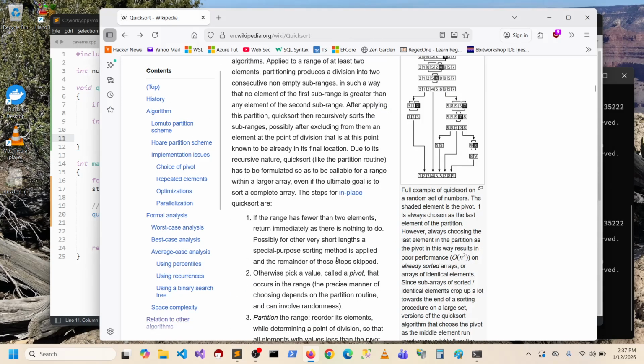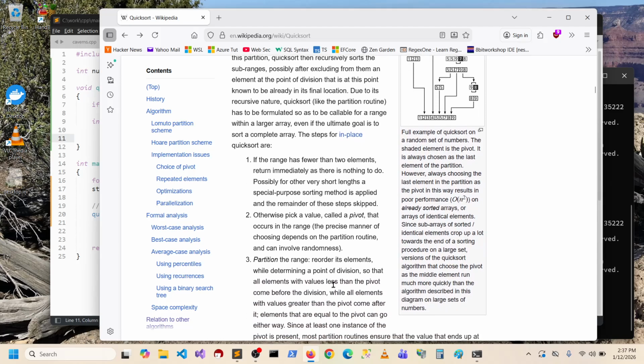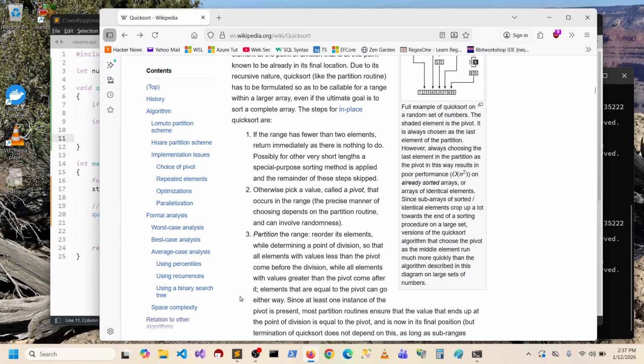Go back. Partition. Okay, reorder elements. So values less than the pivot come before the division. Greater than the pivot come after it. Sorry. Either way, it's present.